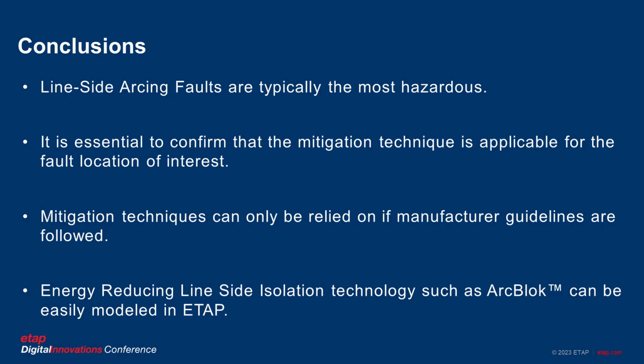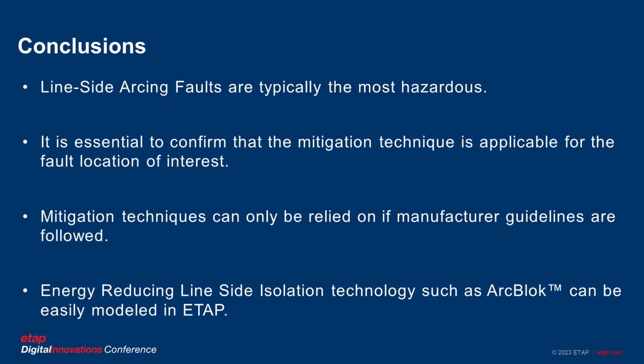The second item we concluded is that when choosing incident energy mitigation techniques, it's key that the mitigation techniques should also be applicable to line side arcing faults. Two, you need to check if there's something you can apply to an existing lineup, if that's the case you're dealing with. And third, of course, is to make sure how the economics of this mitigation technology work. Is one of these choices a better fit for the budget I'm working with?